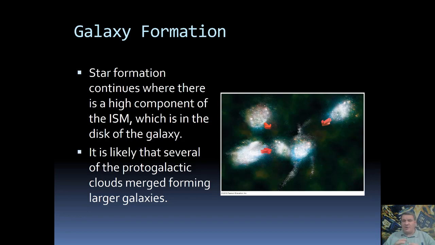As they merged, any stars that had already formed would be thrown on wild and chaotic orbits, again creating that halo component, and then the interstellar medium from these would be able to continue to collapse, forming into the disk. So it's still definitely a related idea, it's just not that we had one giant cloud. Instead, we had many smaller clouds that merged together.